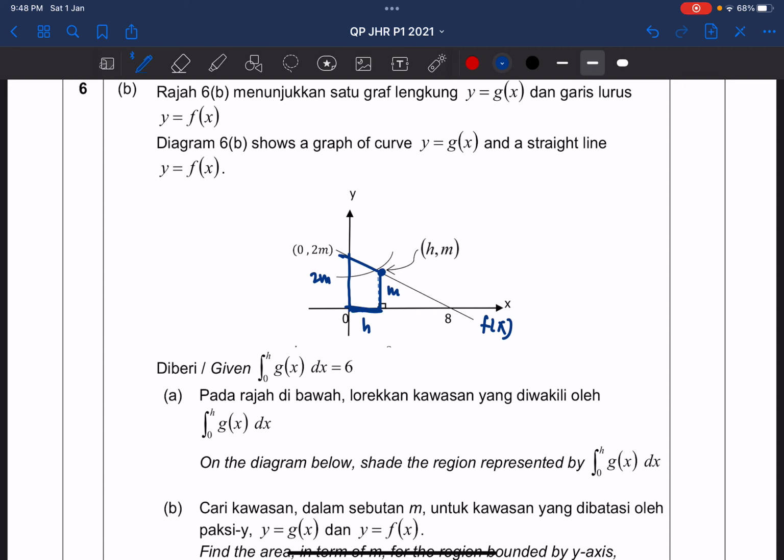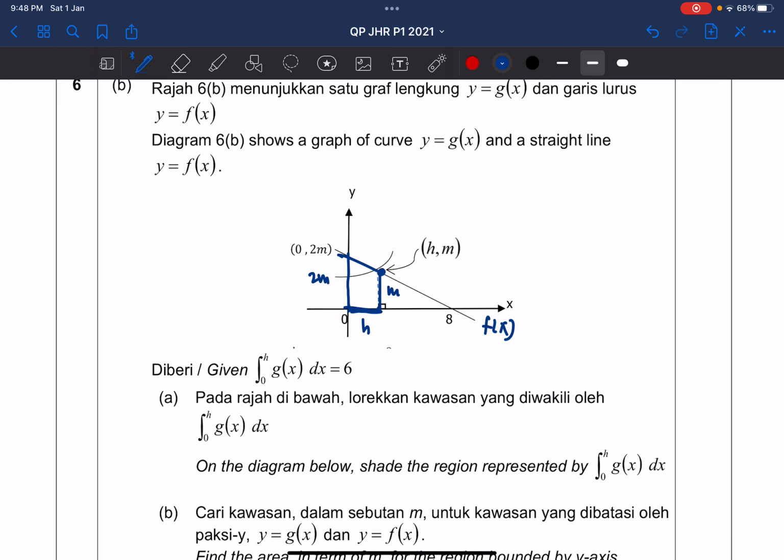So we're trying to find out the value of h first. So what can we use? Maybe the concept of gradient, since they are located on the same straight line. So the concept of gradient: the gradient would be negative y-intercept over x-intercept.